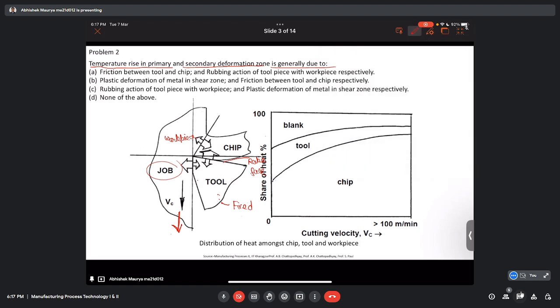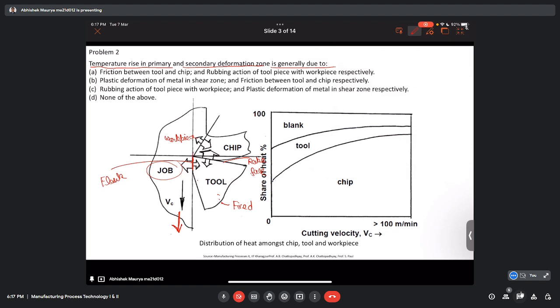This is the flank of the tool. If you remember from the previous question, the primary deformation zone is the shear zone, where the shear is taking place.